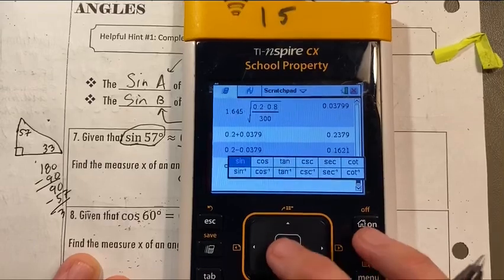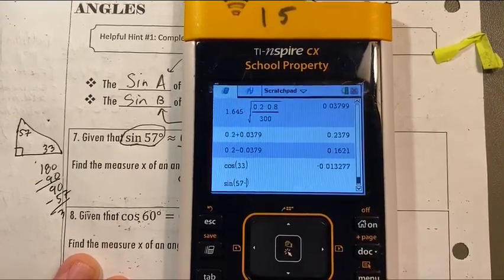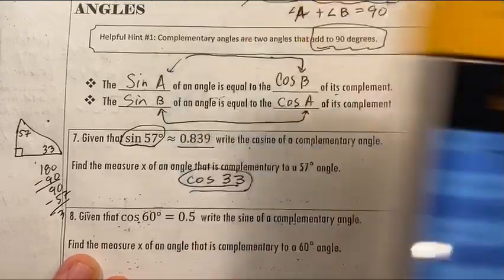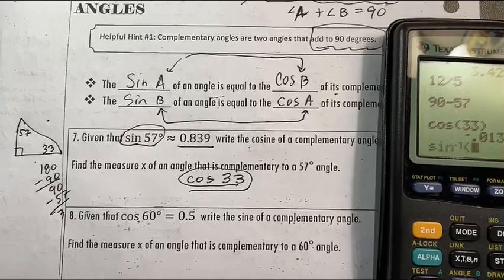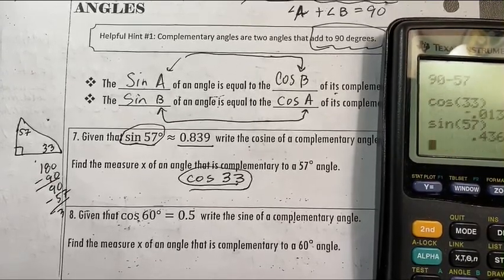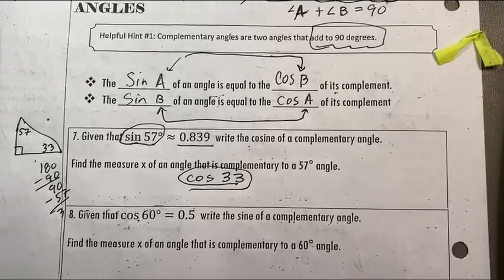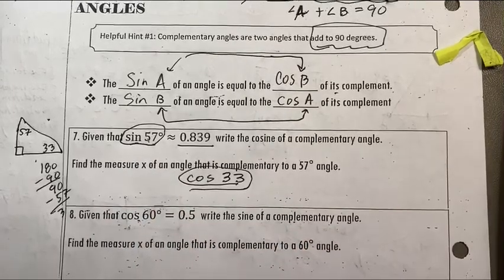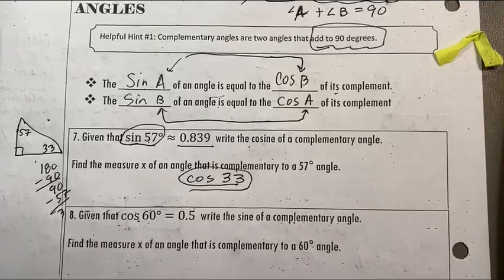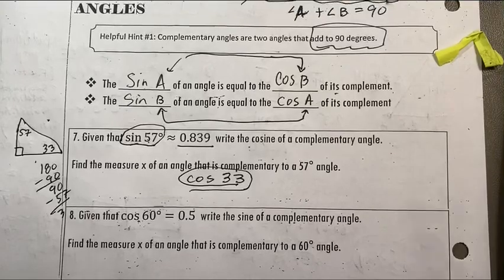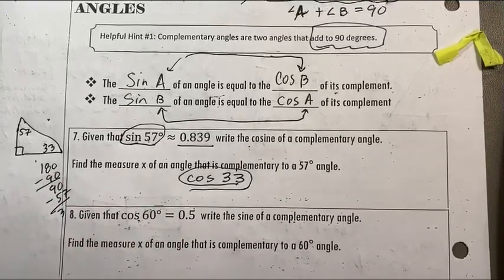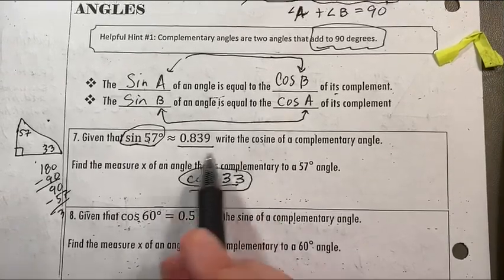Let me type in the sine of 57. All right, so my calculator is not set up.